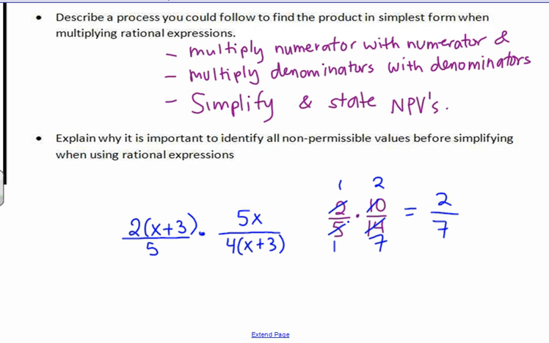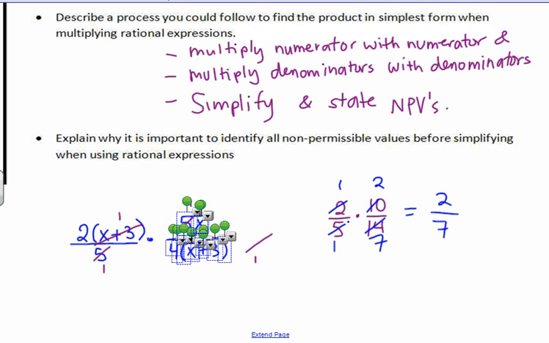What can be simplified here? The x plus 3's can reduce to 1. Yeah, what else? We can divide both of these by 5. Let's move it over. Now let's go straight across.